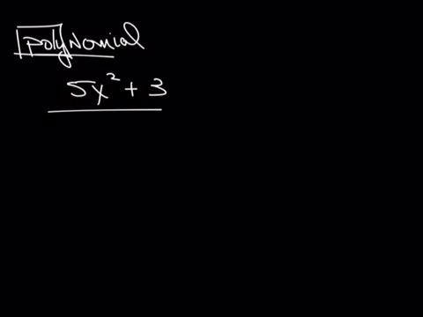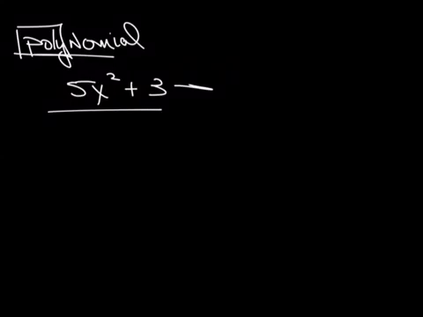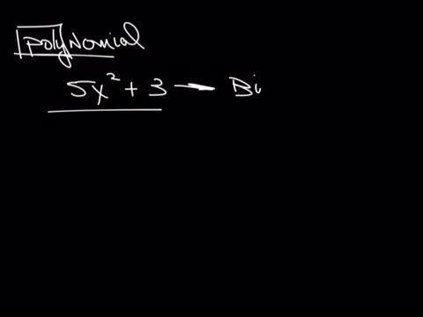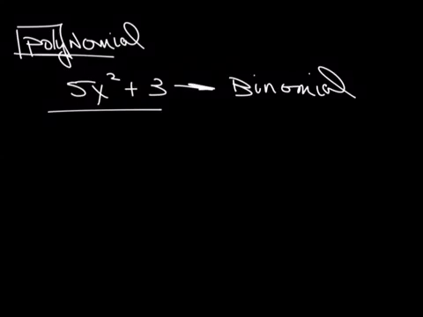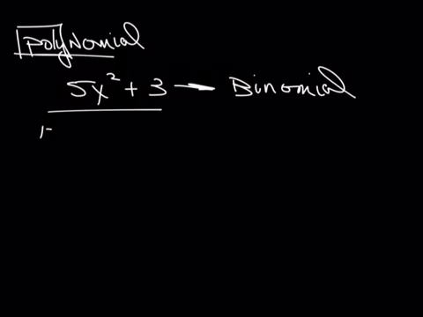Now there are some specific names. So when you have two terms, like I do here, it's called a binomial. And when I have three terms, like 15x squared y plus 21xy squared minus 7, okay, and this one I've got 1, 2, 3 terms.